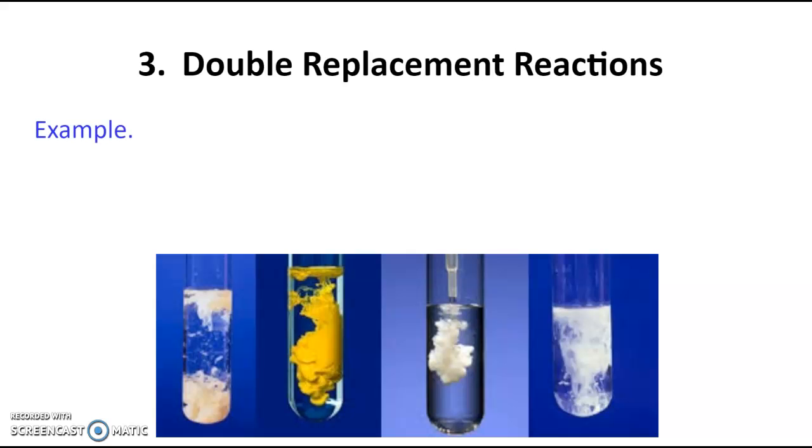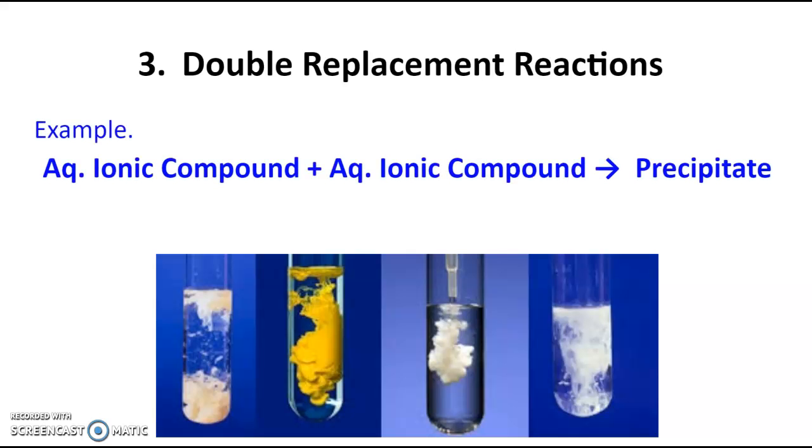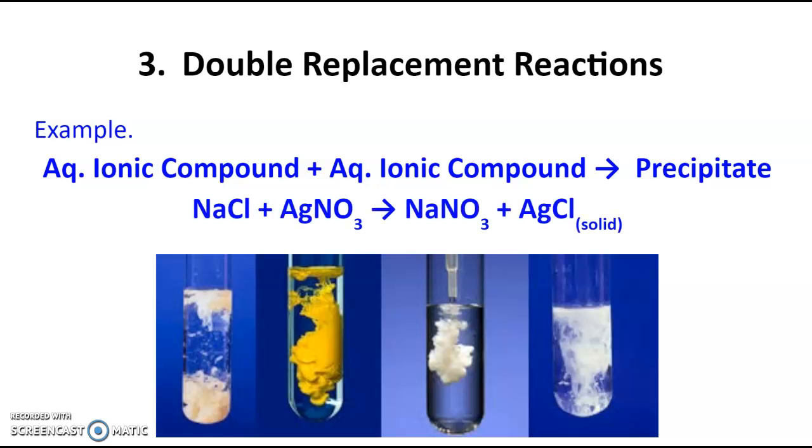So here are some beautiful little examples. If we have an aqueous ionic compound plus an aqueous ionic compound, we'll get a precipitate. An example of this is sodium chloride mixed with silver nitrate. You get sodium nitrate and silver chloride, which is solid.